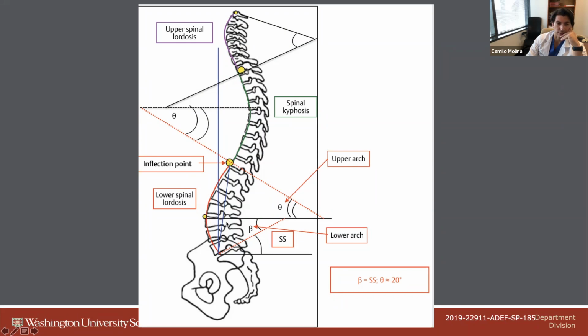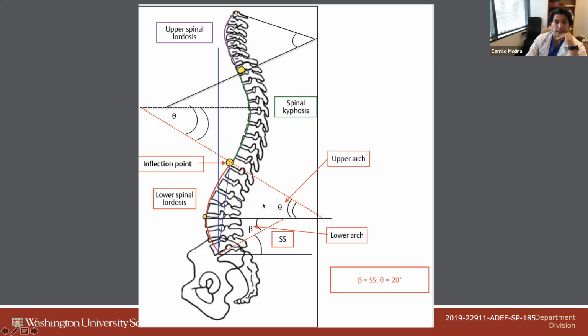So then that gave him 4 arches: the lower lordotic arch, the upper lordotic arch, the lower kyphotic arch, and the upper kyphotic arch. And then he goes into these geometrical proofs that the lower lordotic arch is equal to the sacral slope.